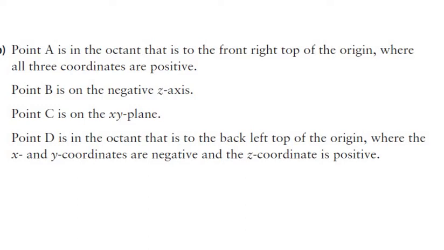Point B is on the negative side of the z-axis, and point C is on the xy plane. And point D is in the octant that is to the back left top of the origin, where the x and y coordinates are negative and the z coordinate is positive.